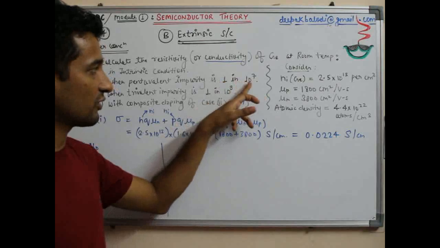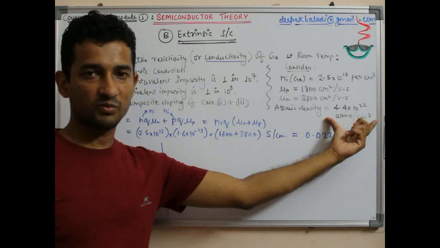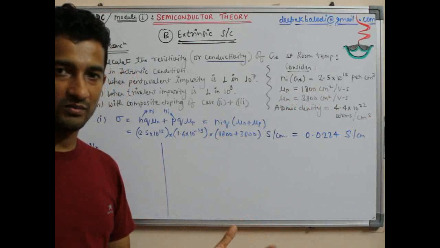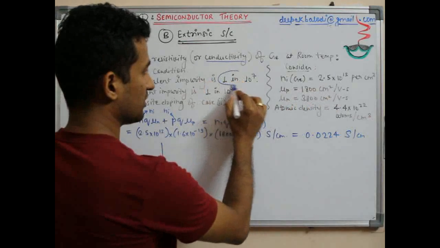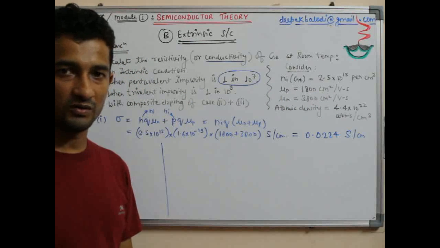So out of this many atoms per unit volume for germanium, how many impurity atoms will be there? This is another way to give the impurity concentration or doping concentration.